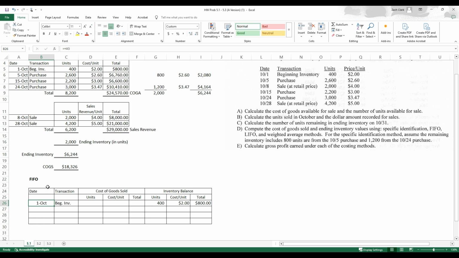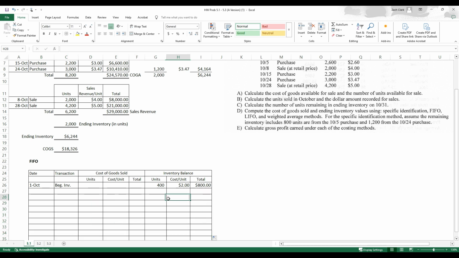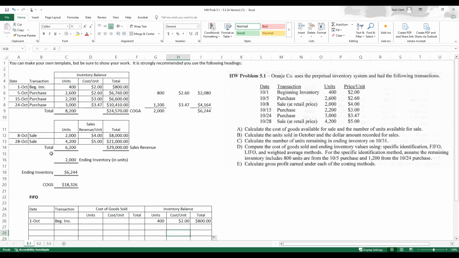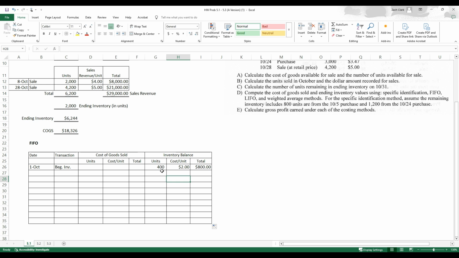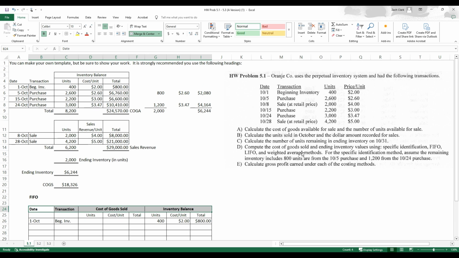Actually, I think it looks even better just over. Just my little idiosyncrasies with how I like my Excels to look, but you're following along with me here, so we're going to make it look how I like it. Okay, so we've got headers. We've got a whole spreadsheet to work in, and let's figure out our FIFO ending inventory and cost of goods sold.